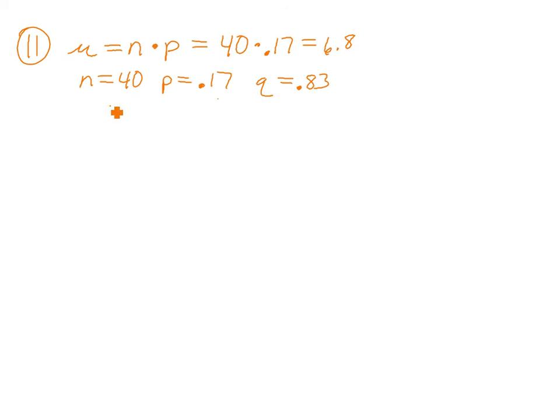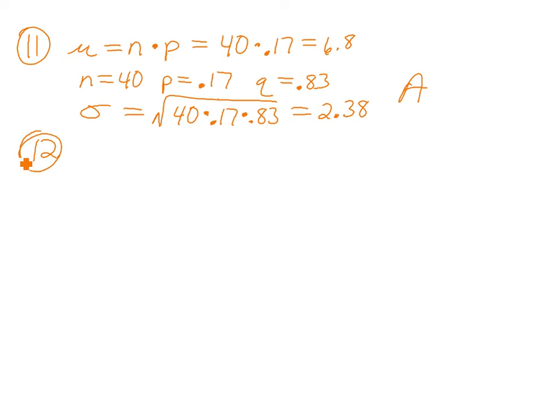For the standard deviation, for the sigma, it's the square root of 40 times 0.17 times the Q, which is 0.83. Do that on your calculator and you get 2.38. And we look at our answers there, and A has 6.8 and 2.38. So the answer is A.